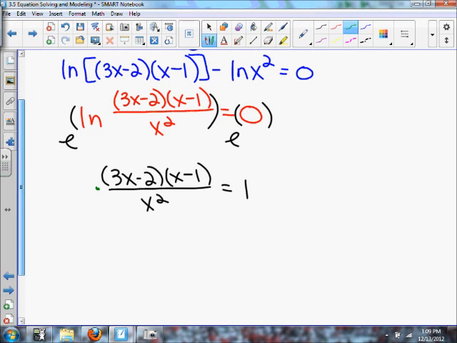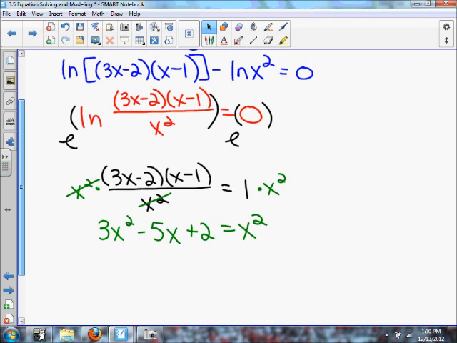What we're going to do then is multiply by x squared to cancel that out, so I have 3x squared minus 3x minus 2x is minus 5x, plus 2 is equal to x squared. Wait, we only multiplied by x squared here rather than on the bottom. Correct.